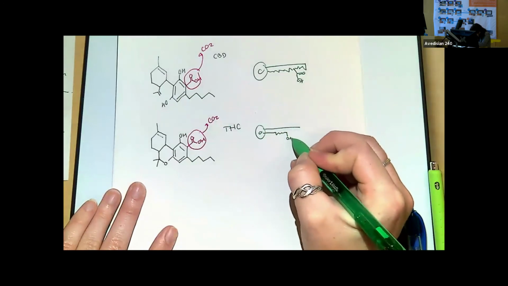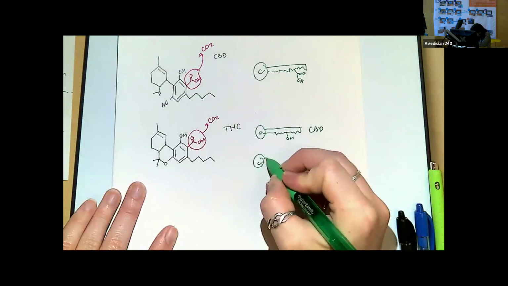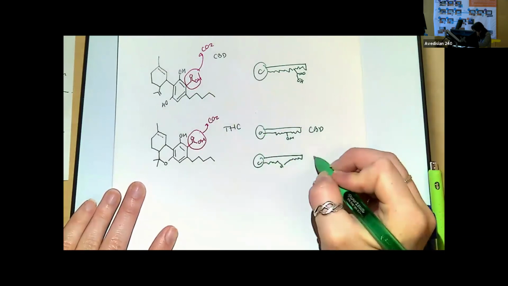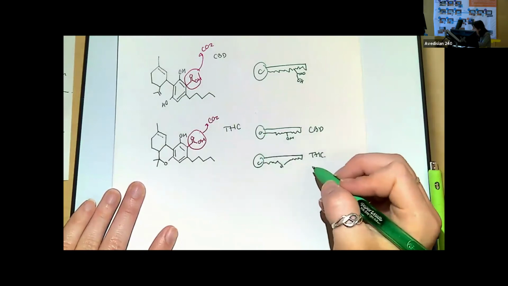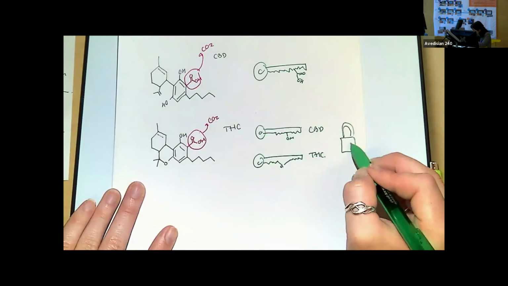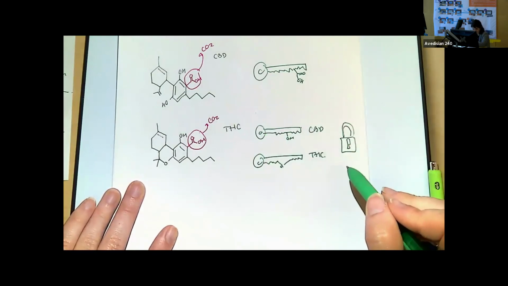So maybe CBD's would look like this, and THC's would look like this. But we know that these are going to activate different locks, aka different receptors.